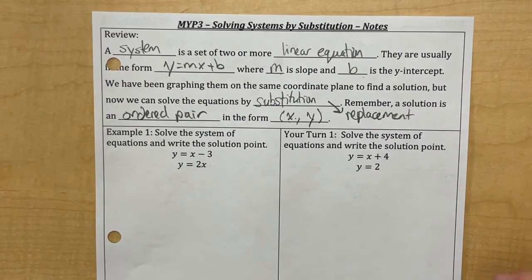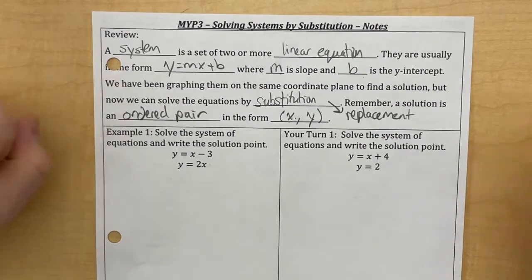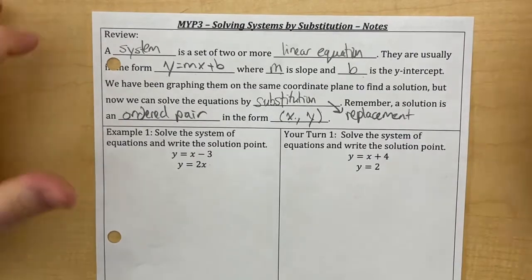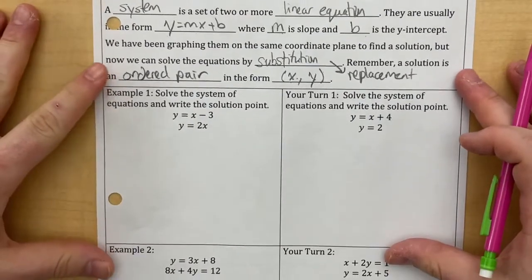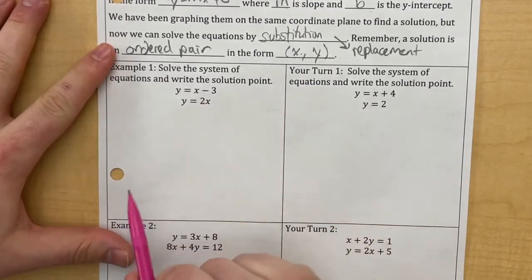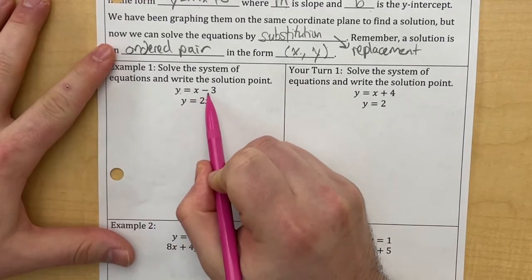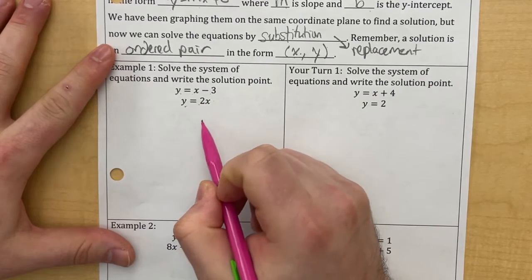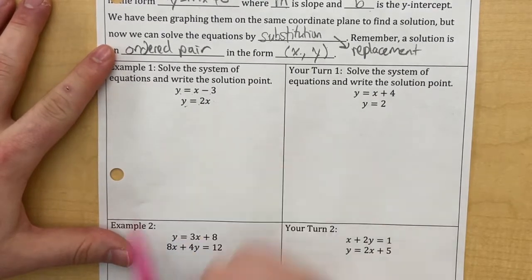In example 1, it says solve these equations and write the solution point. So it's going to be the directions for each of these. I have two equations, y equals x minus 3 and y equals 2x, and I'm trying to figure out where those are equal.